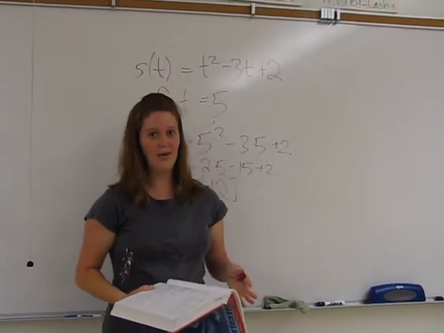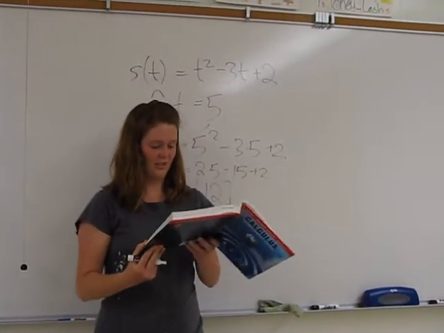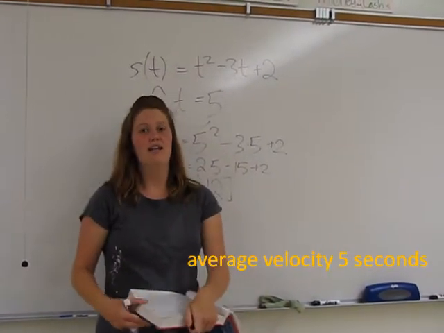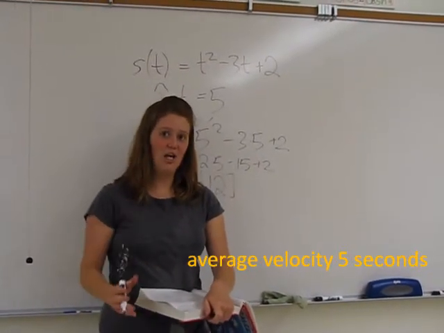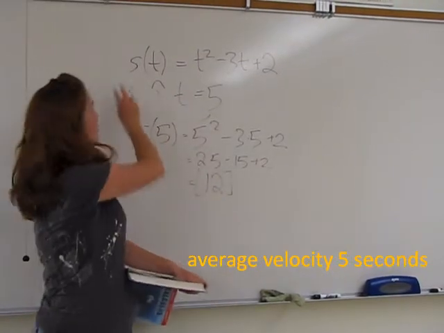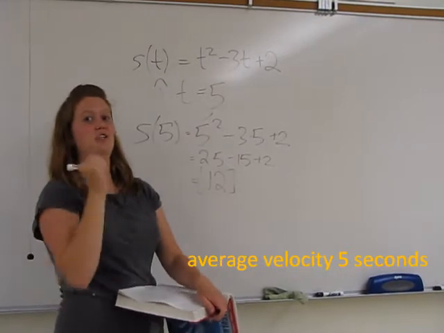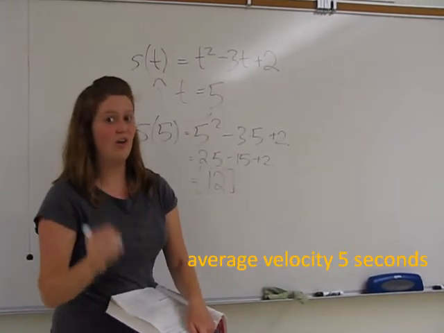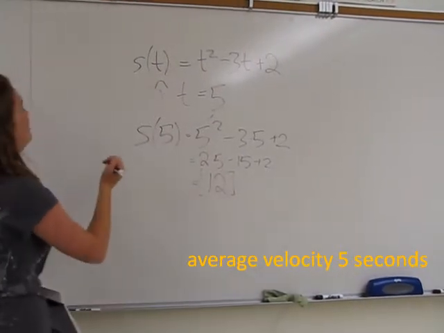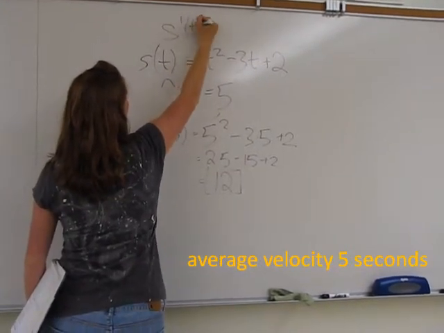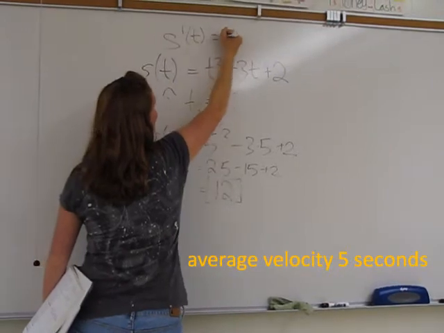Now, the second part of the question asks for the average velocity during the first 5 seconds. Because they're asking for the average velocity, we need to find our velocity equation. The velocity is the derivative of the position function.